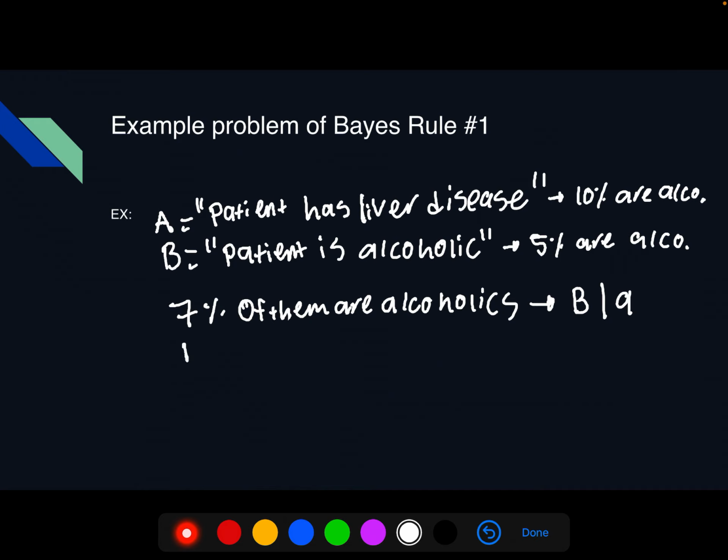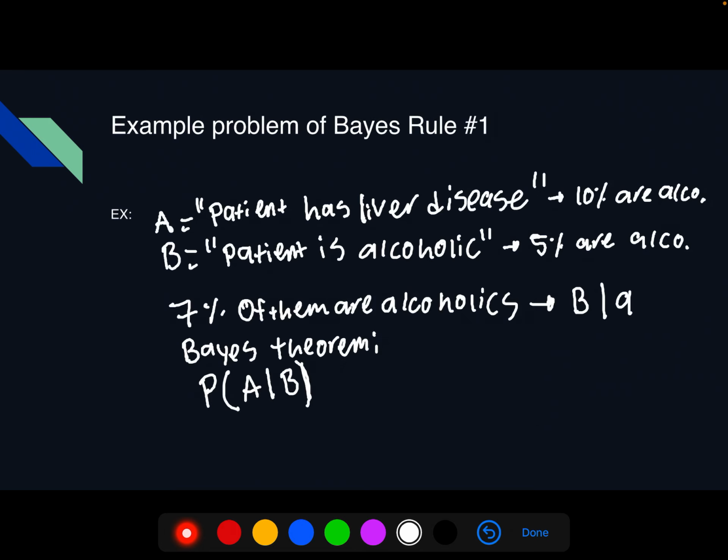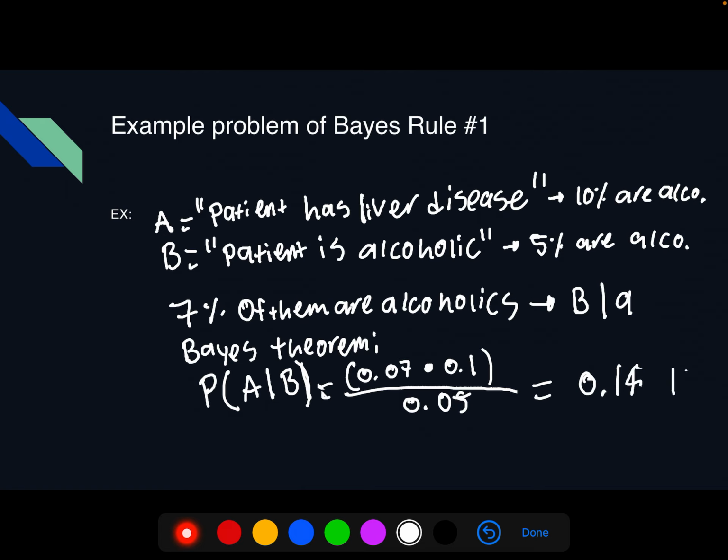So Bayes' theorem would tell me then that P of A line B, or the probability of A when B is true, as if we refer back to this, would be 0.07, as the percentages would be converted to decimals, times 0.1, and then we divide that by 0.05, which should give us 0.14, or 14%.